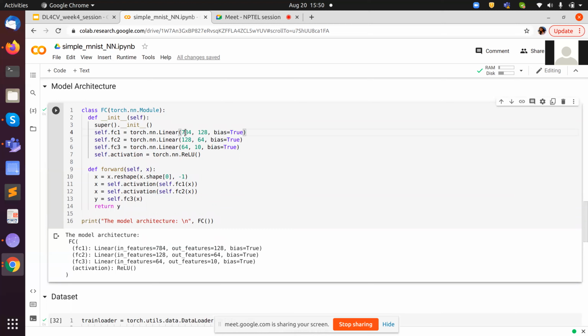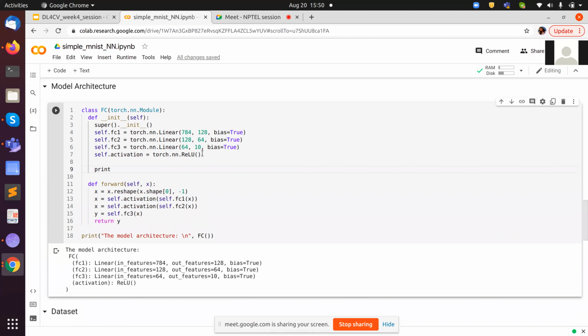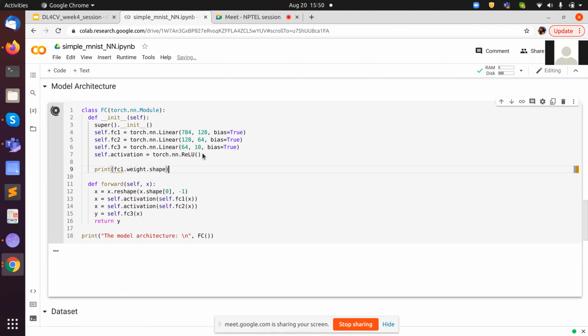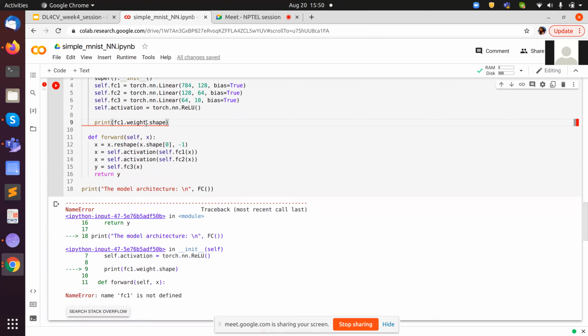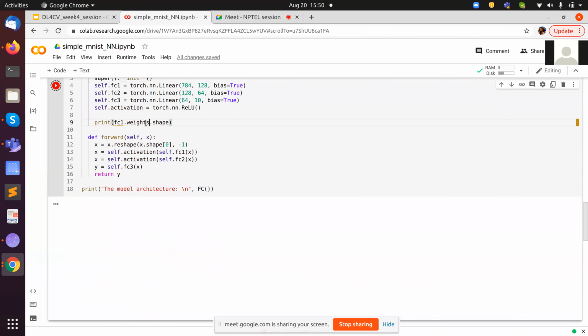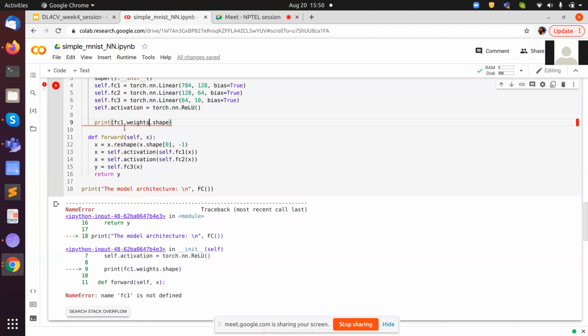For this FC1, can anyone say how many weights there will be? What will be the size of FC1? Maybe I can do it for you. Let's print the size of the weights of FC1. The bias is maintained as another variable here. Sorry, it's self.fc1.